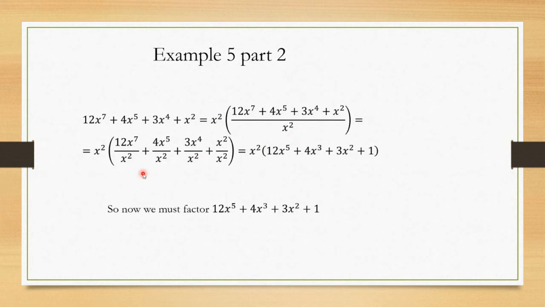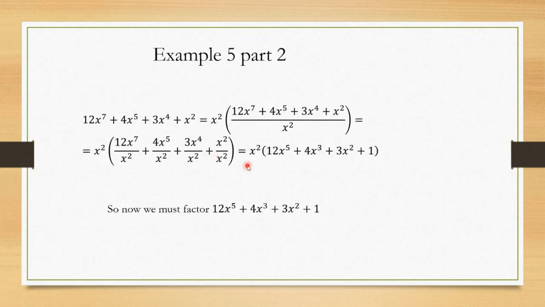I put this step in here because you really want to make sure you divide into each term in a sum or difference. I've seen students in the past divide x squared into the first term only, but not the other terms. You want to divide into each term here.